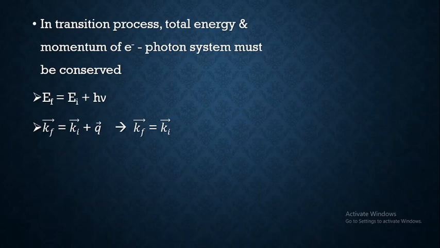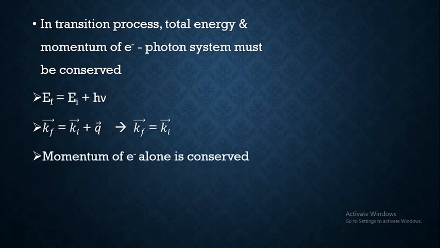And the wave vector of the incident photon is negligibly small in the optical region. That's why Q can be neglected, and finally we get Kf equals Ki, that is, the wave vector of the electron in the conduction band is equal to the wave vector of the electron in the valence band. Therefore we say that momentum of the electron alone is conserved, but energy is not conserved.